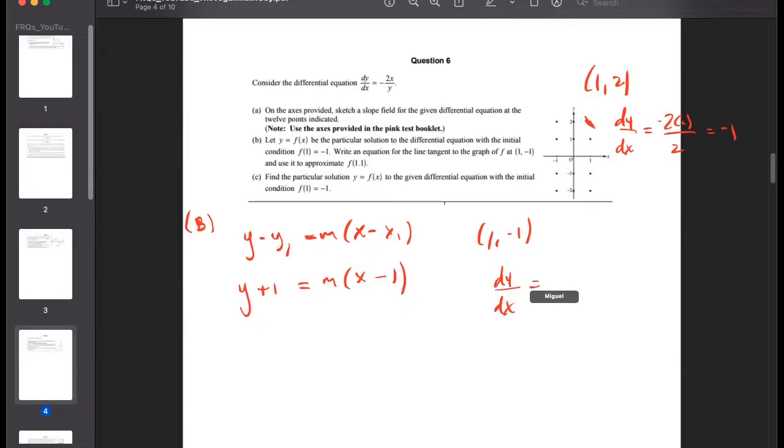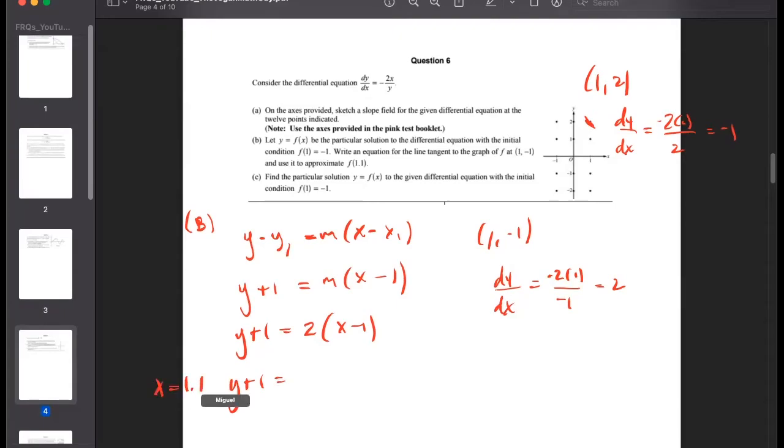And that's going to be negative 2 times 1 over negative 1, and that's just 2. So I go ahead and plug that in, and I get 2 times x minus 1. And the last step, we're not going to be finished yet because now they just want us to approximate f of 1.1. So that's just plugging 1.1 into your x.